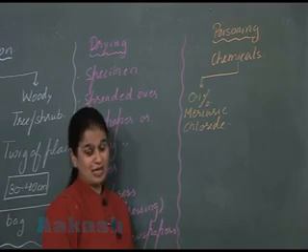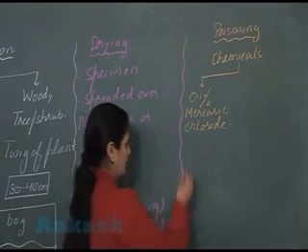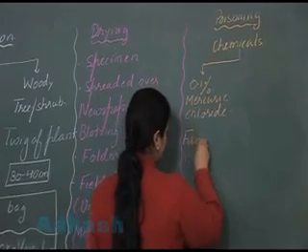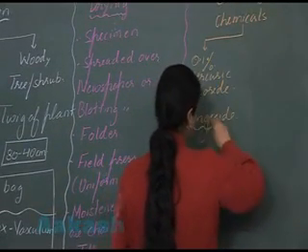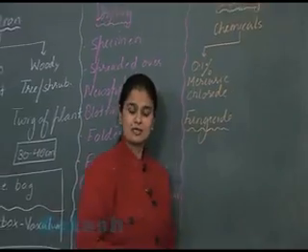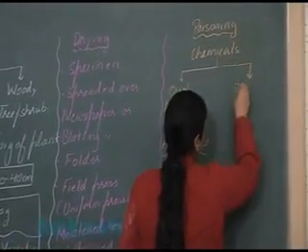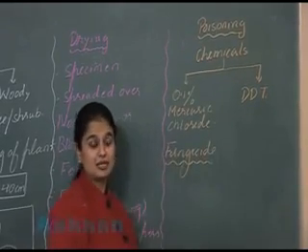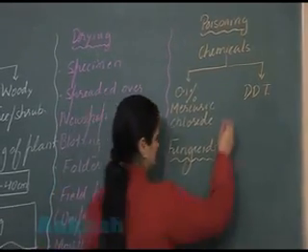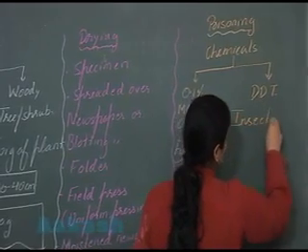So you can say it will protect the specimen from fungal attack, or this is a fungicide. Got this? Along with that, DDT is also utilized. Yes, it has the ability to kill the insects. So, it is an insecticide.